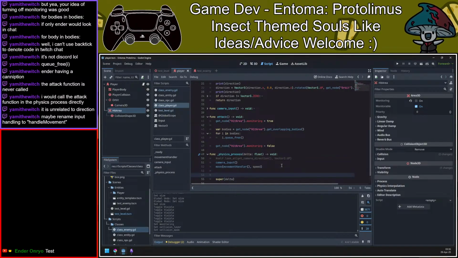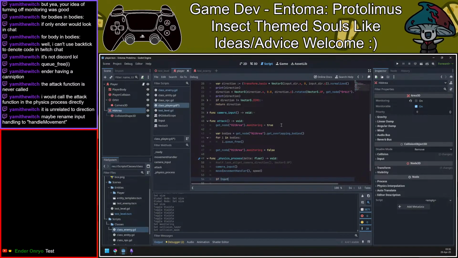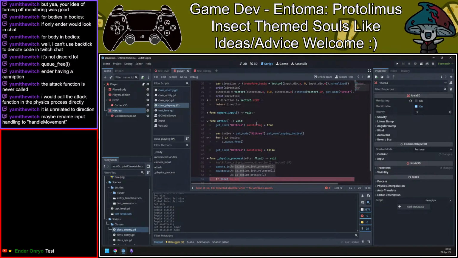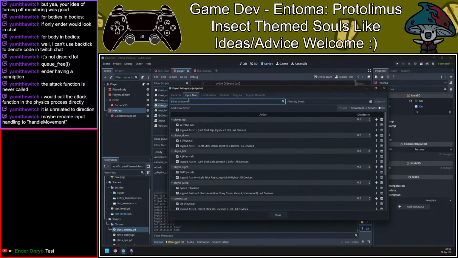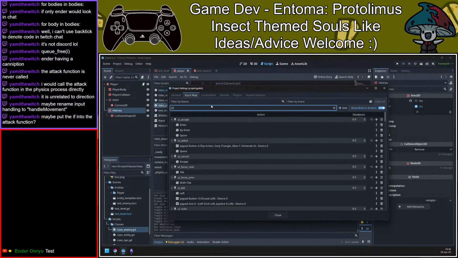Okay, so if input dot action is action just pressed, project settings, input map, attack.